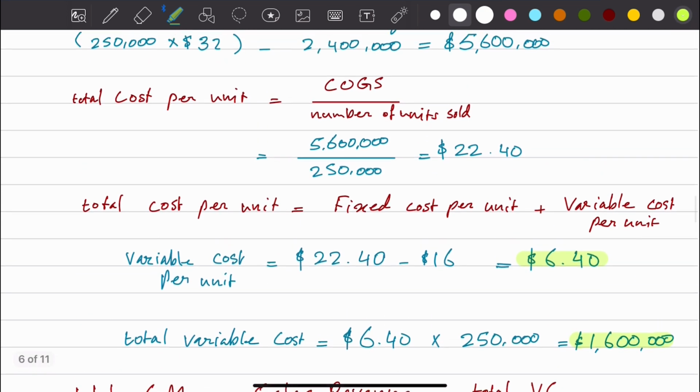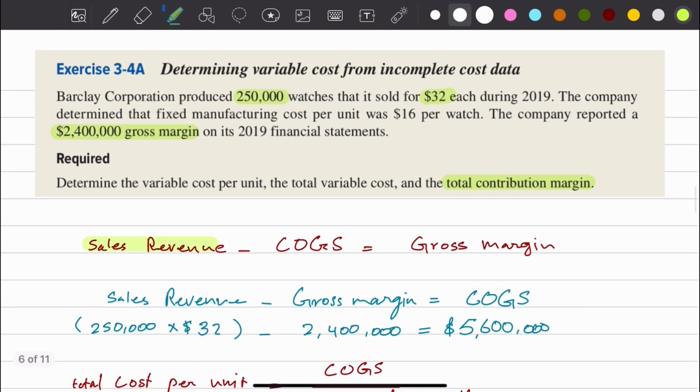Let's just double check if these are all the things that we need to find. Determine the variable cost per unit, we did that. The total variable costs, we did that. And the total contribution margin.